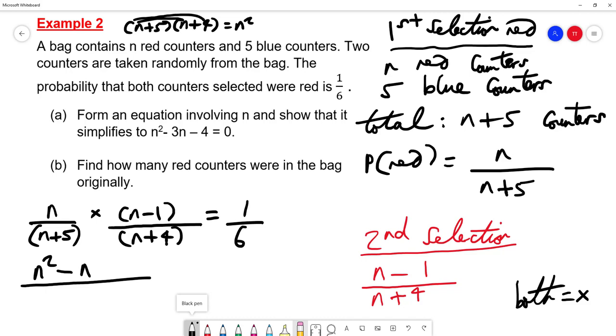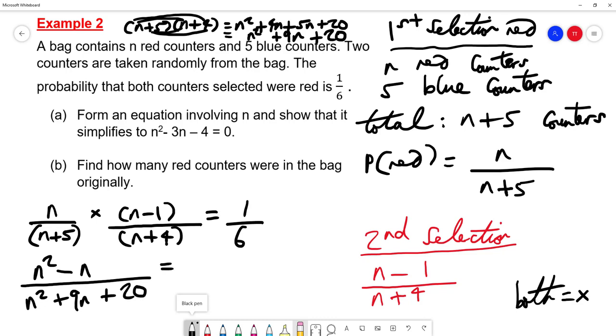N times 4 is 4n. 5 times n is 5n. And 5 times 4 is 20. So that simplifies to give me n squared plus 9n plus 20.